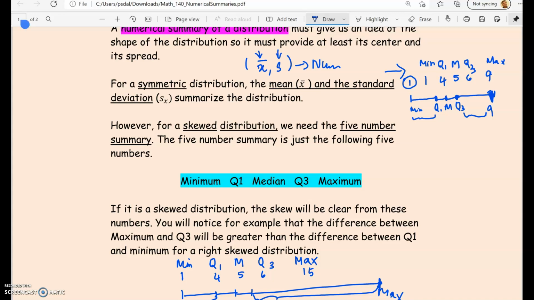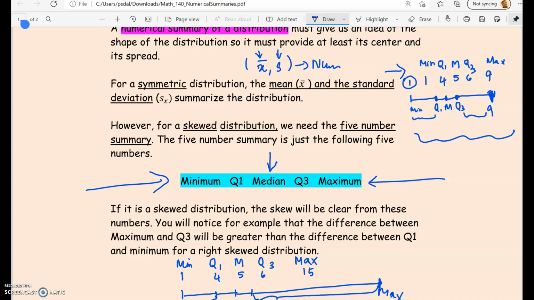However, if the distribution is skewed, then x bar and s will not give us a good description. We need the 5-number summary to describe the entire distribution, not just the center. The median describes the center, and all the 5 numbers together describe the entire distribution. If you see examples 1 and 2, you can see how they describe the entire distribution.